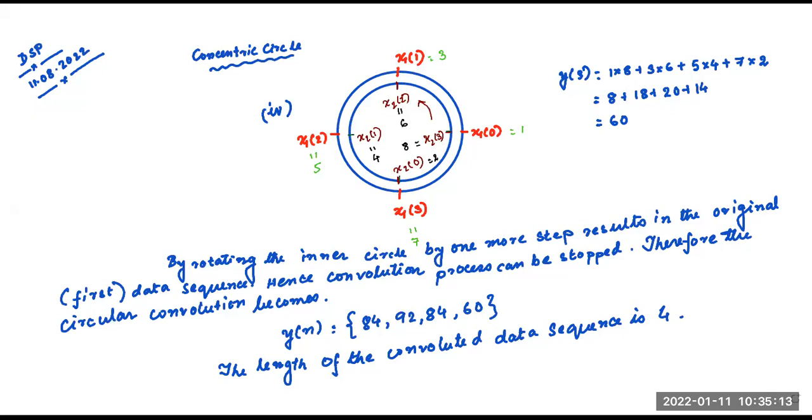So this is the concentric circle method for performing circular convolution. Now circular convolution has another method, and that is called the matrix method. And there is another question that you have asked: if there is a mismatch in the data sequence, what will happen? So we will talk about these two things.